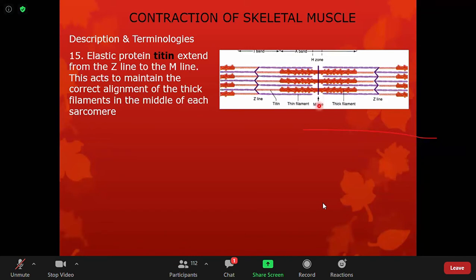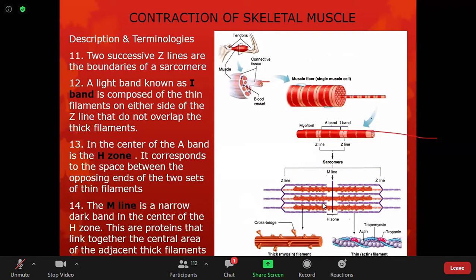The elastic protein, titin, will extend from the Z line to the M line, going through the thick filament. This acts to maintain the correct alignment of the thick filaments in the middle of each sarcomere. Sort of an anchor.